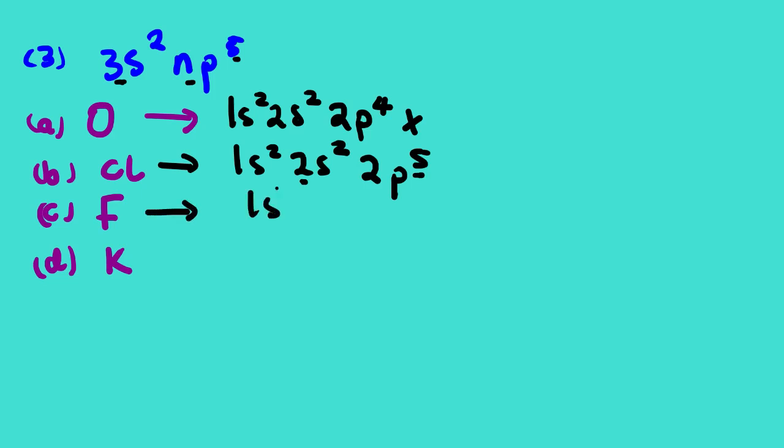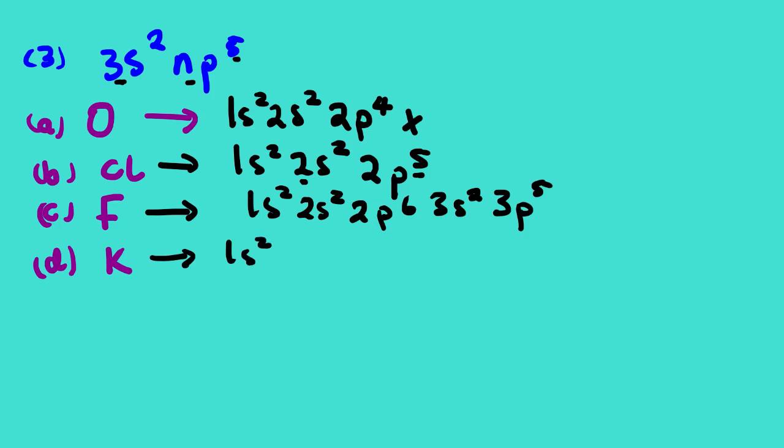Let us look at the next one. 1s2 2s2 2p6 3s2, then we have 3p5. So this can be the element that we're actually looking for. Let us look at potassium. 1s2 2s2 2p6 3s2 3p6, then we have 4s2.